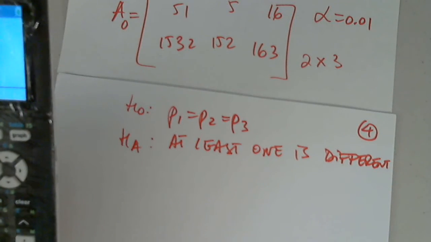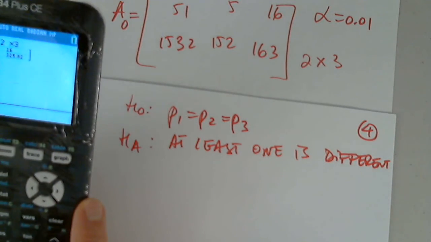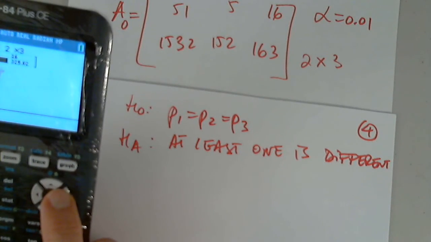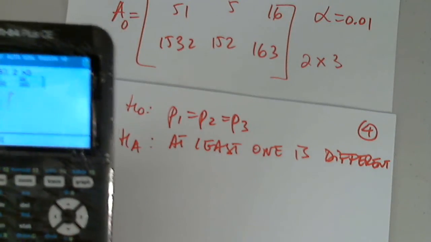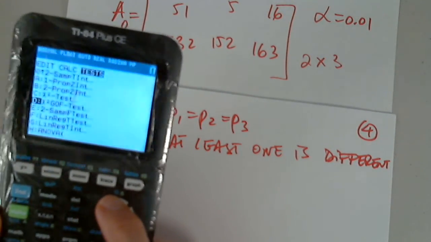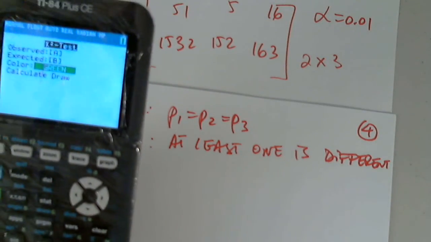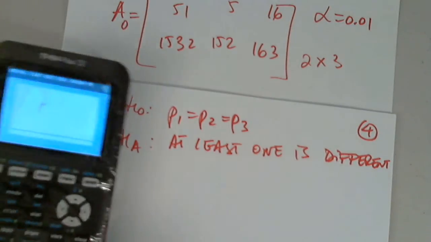Okay, we didn't take it for some reason. So 51, 5, and 16 is okay. 1532 is okay. 152 is okay, and 163. I will conduct a test. It's a chi-square test, A and B. I'm going to draw and see what happens.